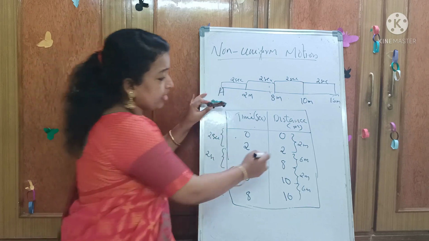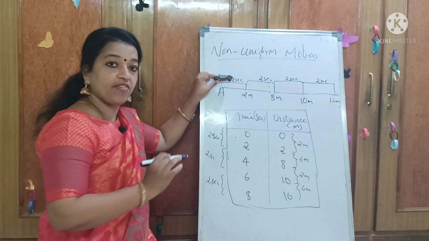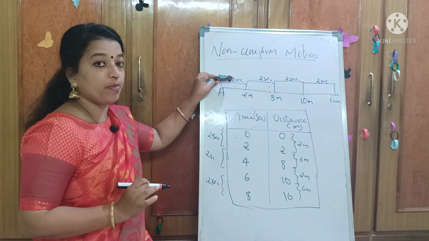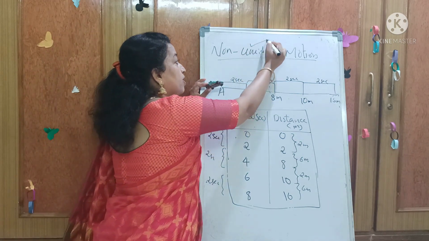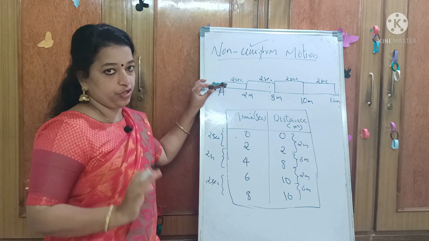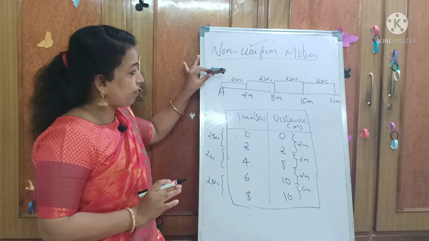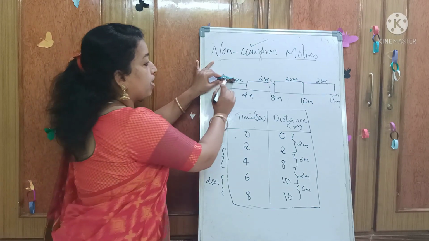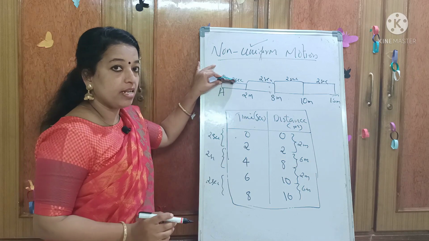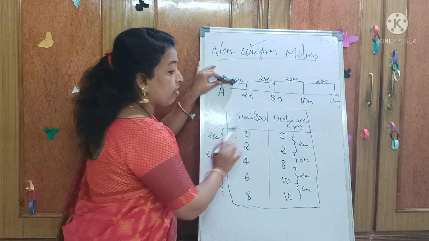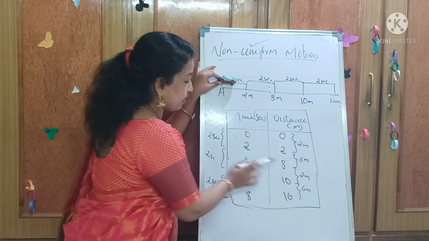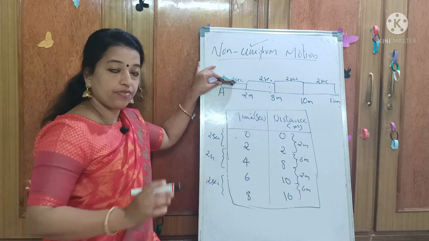Such type of motion we call non-uniform motion. So this car is in non-uniform motion, because it covers unequal distance in equal intervals of time.